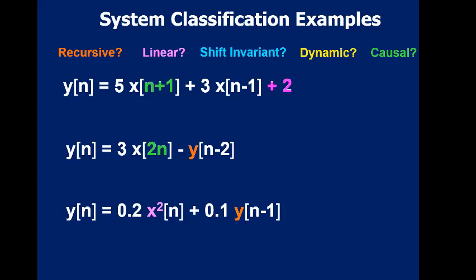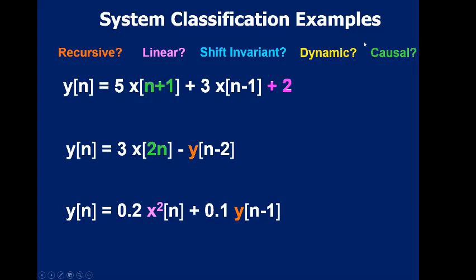Okay, so get the hang of this. This is a skill that we want to have. We want to be able to look at a difference equation and particularly make sure that we know whether it's linear or not and shift invariant or not, so that we can tell if it's in that class of LTI systems. Most of the ones we're going to deal with are dynamic because static ones are pretty boring.